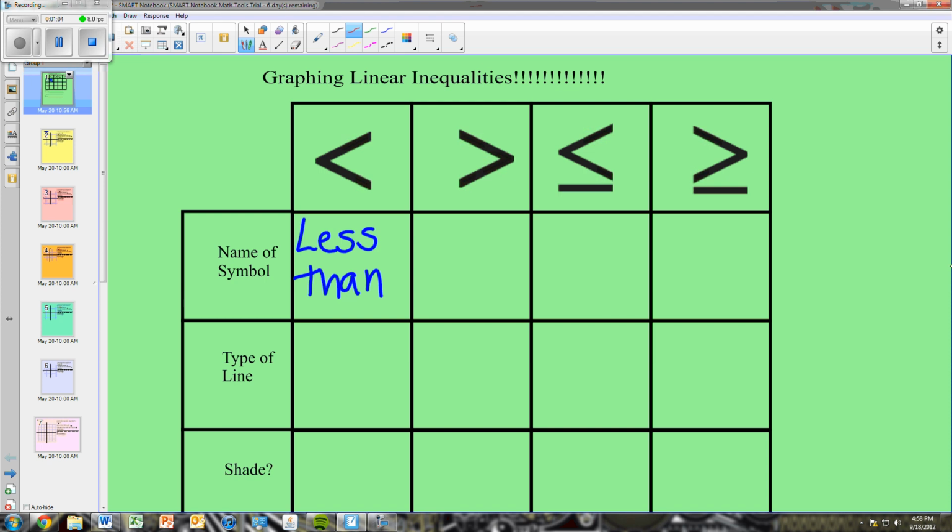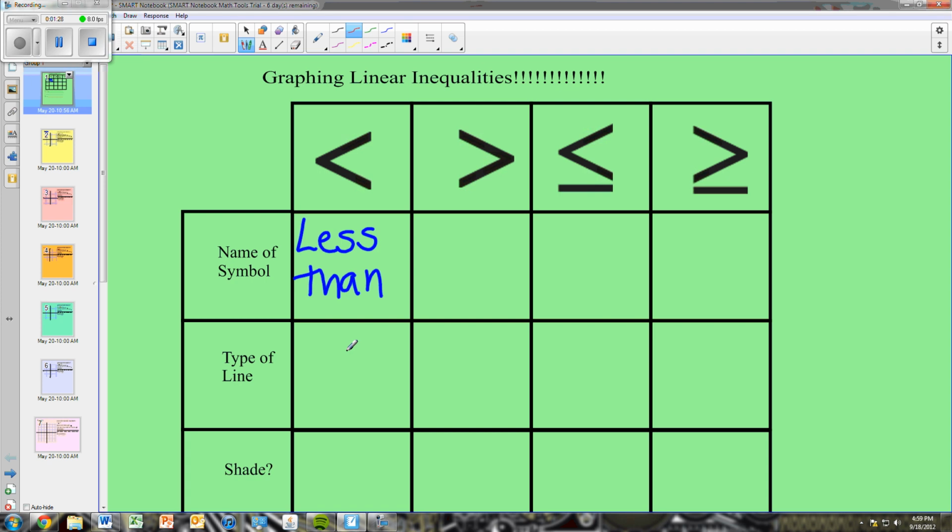So this is a less than symbol, and underneath it down here, we're going to talk about the type of line that we have to use when we graph this. The good thing about graphing inequalities is that it's really similar to graphing lines. There are only two things that are different. The first one is the type of line.